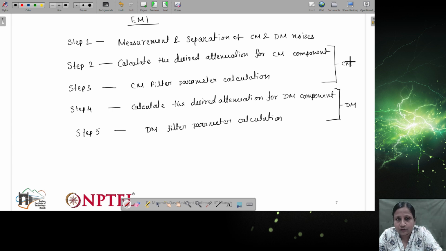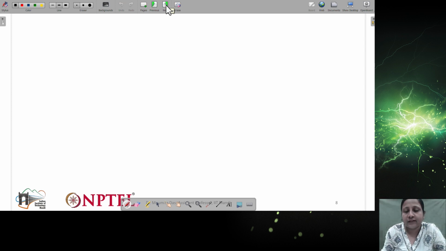We need to see what the measurement procedures are for different noises, because as you have seen, these will be at a very high frequency level, in the megahertz and gigahertz range. A normal oscilloscope will not give you these noises, right? We also need a setup to find out these different noises. That is why the first step is the measurement.